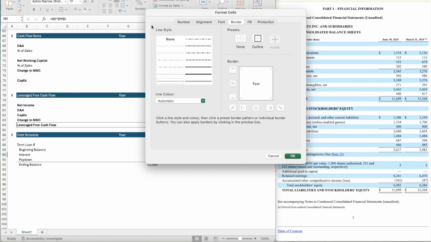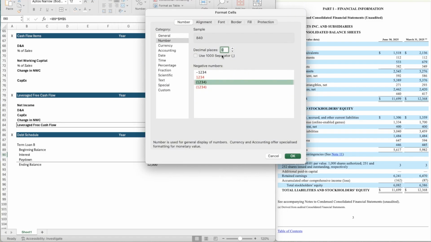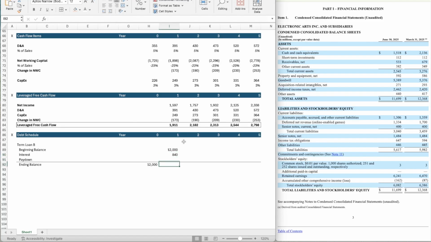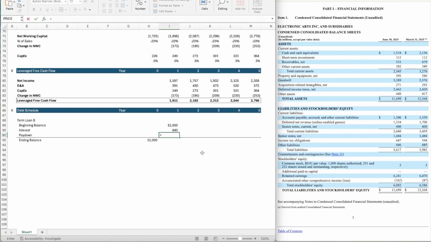Looking good. And then the pay down is, okay, how do we do this? We go equals MIN.